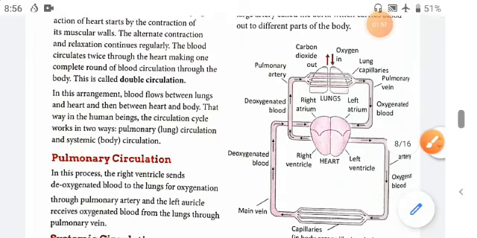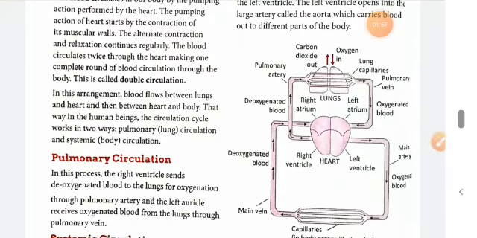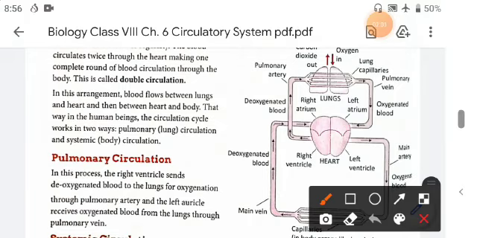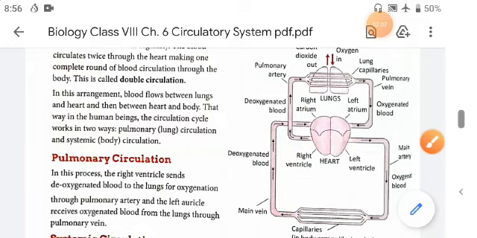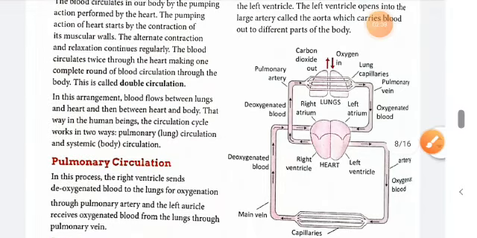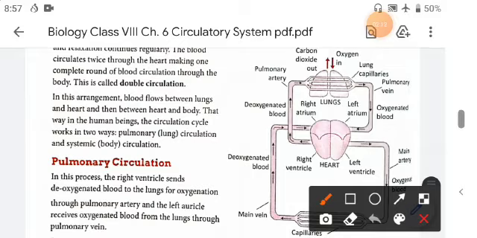The blood circulates twice through the heart, making one complete round of blood circulation. That means in one round of blood circulation, it circulates twice. This type of circulation through the body is called the double circulation.